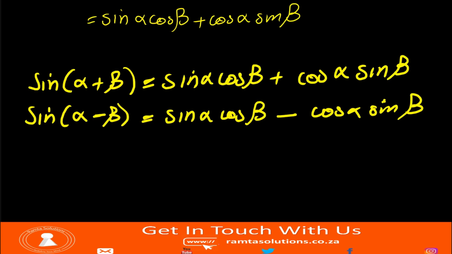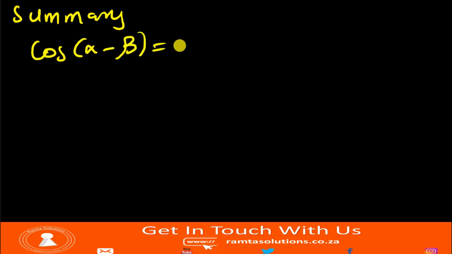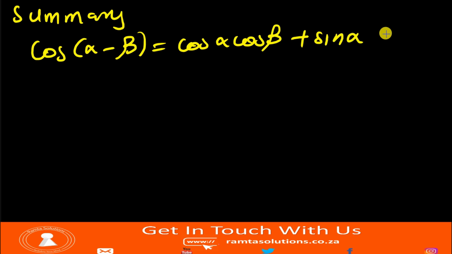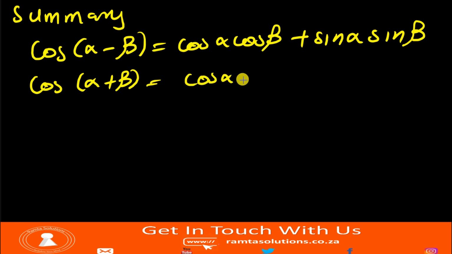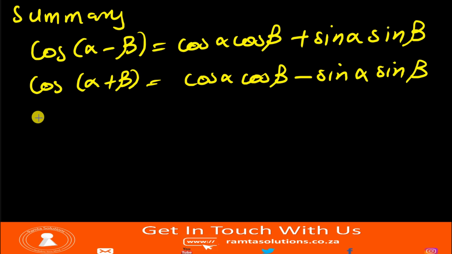Now, let's summarize this. In summary, cos alpha minus beta is equal to cos alpha cos beta plus sine alpha sine beta. Cos alpha plus beta will be cos alpha cos beta minus sine alpha sine beta.